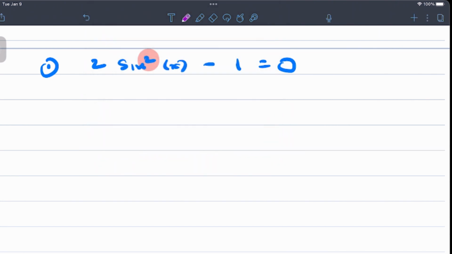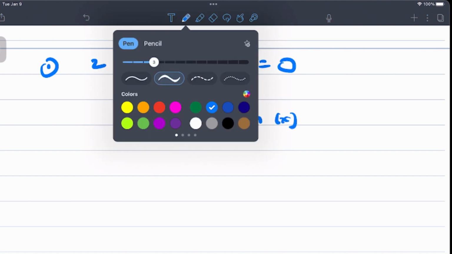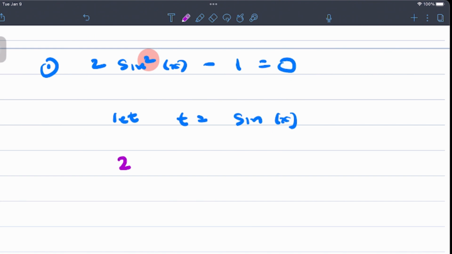So in order to do that, here's what I'm going to say to you guys to do. We're going to do what's called a substitution as we introduce the algebra. So we're going to say let t be sine of the function. If you do that, notice you get what? 2t squared minus 1 equals 0.